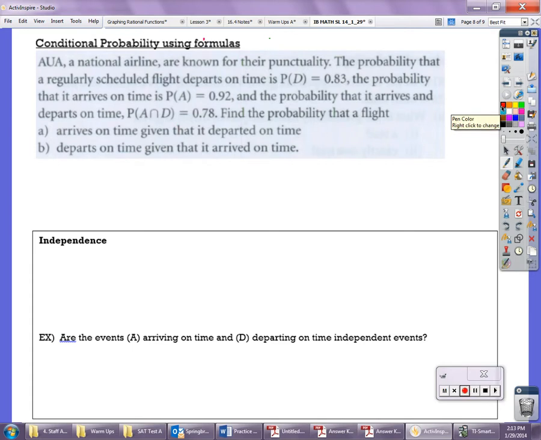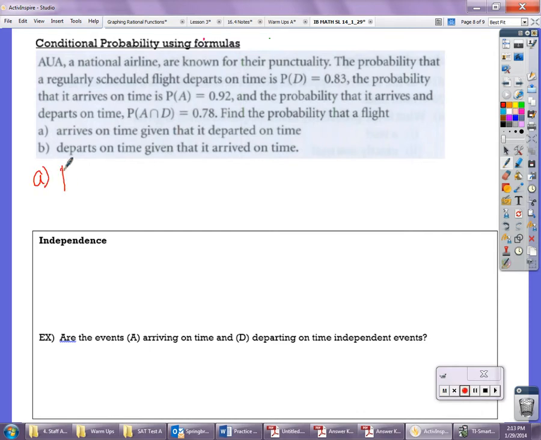Airline: the probability that we depart on time is 0.83, and the probability that it both arrives and departs on time is 0.78. Find the probability that a flight arrives on time given that it departed on time.